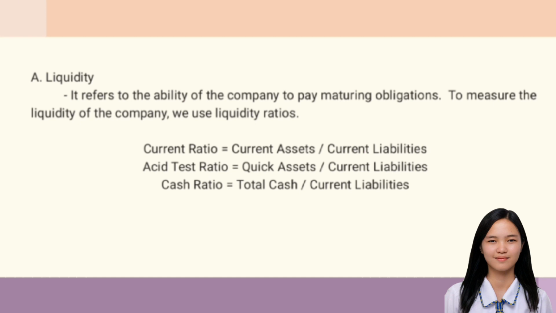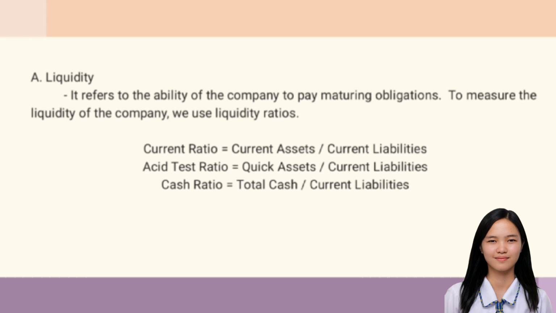So, now that we have told that these are liquidity ratios that we will be talking about, here are the formulas. Current ratio, which is the ratio between the current assets and current liabilities, and acid test ratio, which is quick asset over current liabilities, and your cash ratio, which the ratio between the cash and the current liabilities.